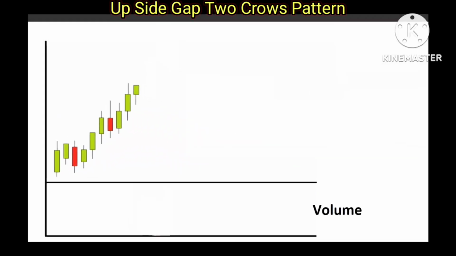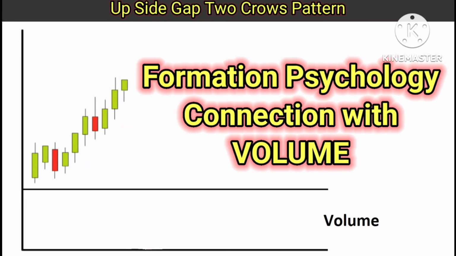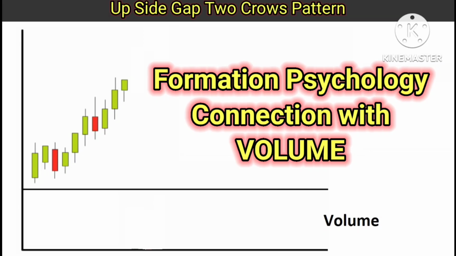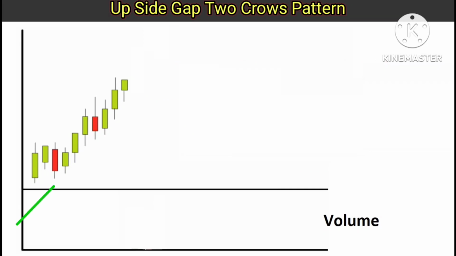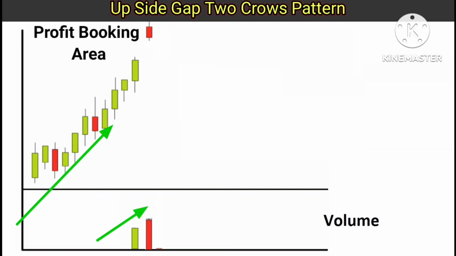Let's try to understand the connection of its volume with this pattern's formation psychology. Assume the price of a stock is moving up and you see a strong green candle formation and check its volume. The next candle appears and tries to take the price up, but it fails, but its volume is greater than the previous green candle, and this area becomes a profit booking zone because those who bought at a low price sell it.